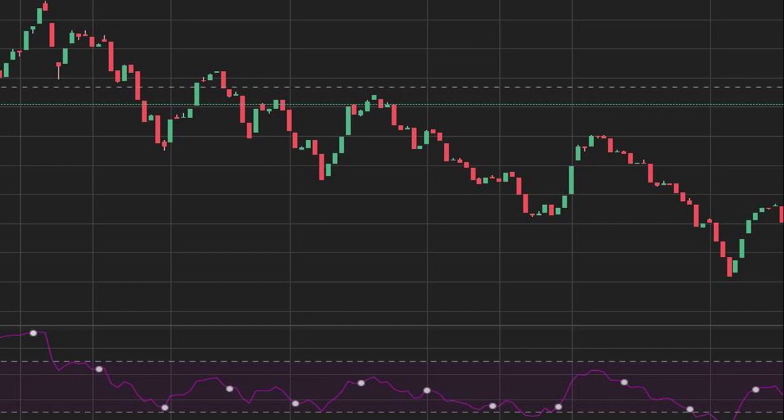So the definition of the overbought zone and oversold zone in this indicator is different when we are in a trending market with an upward or downward trend, or when we are in a range market. And the signals that we can get from these lines are different.